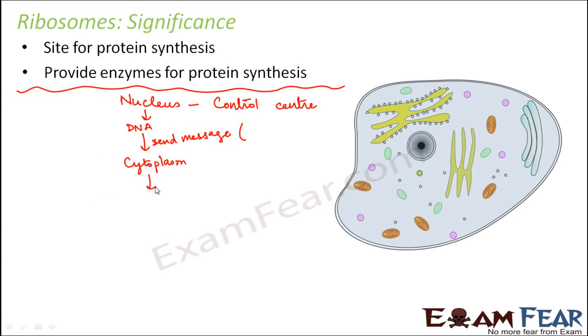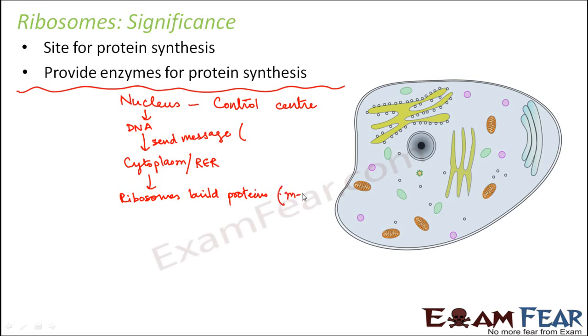In the cytoplasm, there are ribosomes which are freely located. Ribosomes will build proteins. One more thing to mention: through the nuclear pores, the message not only goes to the cytoplasm but also to the rough endoplasmic reticulum. So in both places you have ribosomes. Ribosomes build proteins using the information sent by DNA.